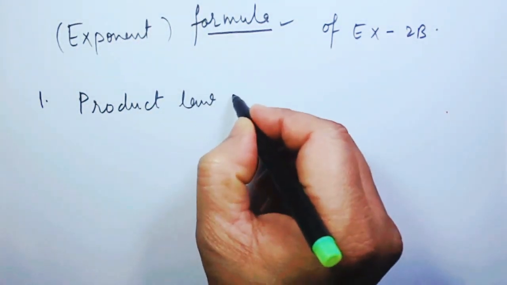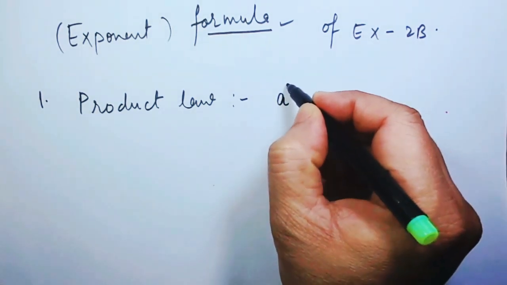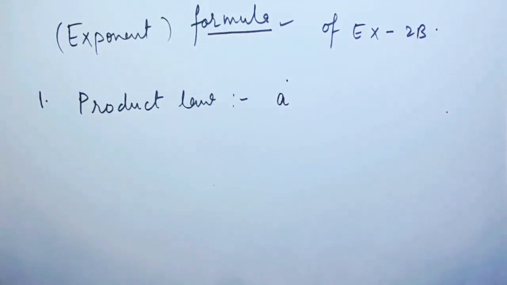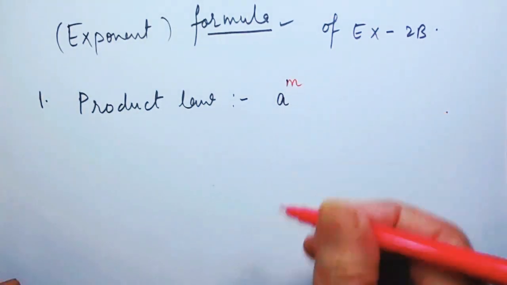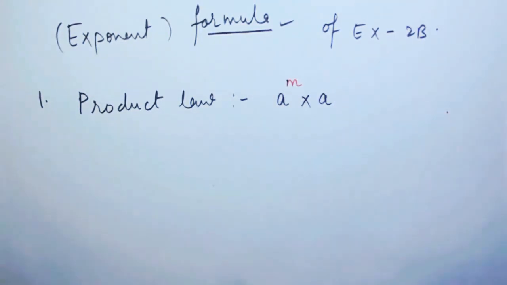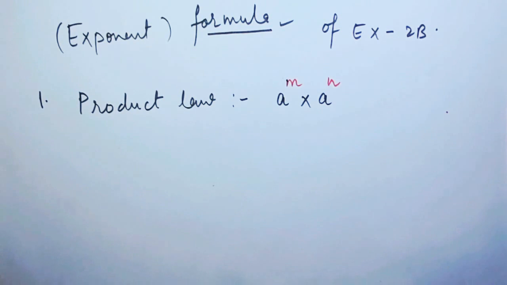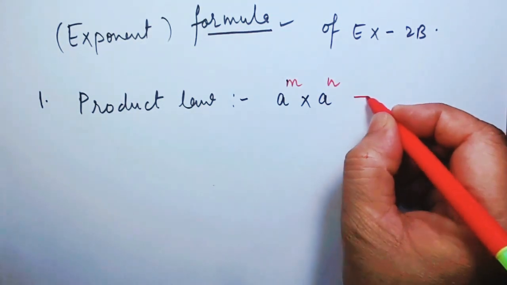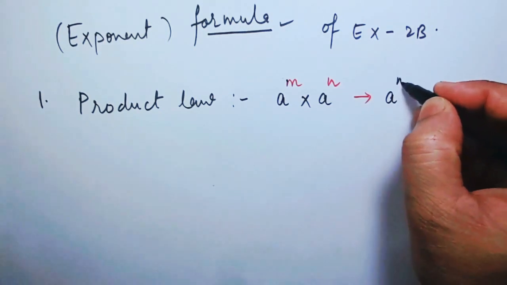So here in product law, if two of the variables having the same base are multiplied, a to the power m multiplied by a to the power n, both have the same base, so directly you can write your answer as a to the power m plus n.